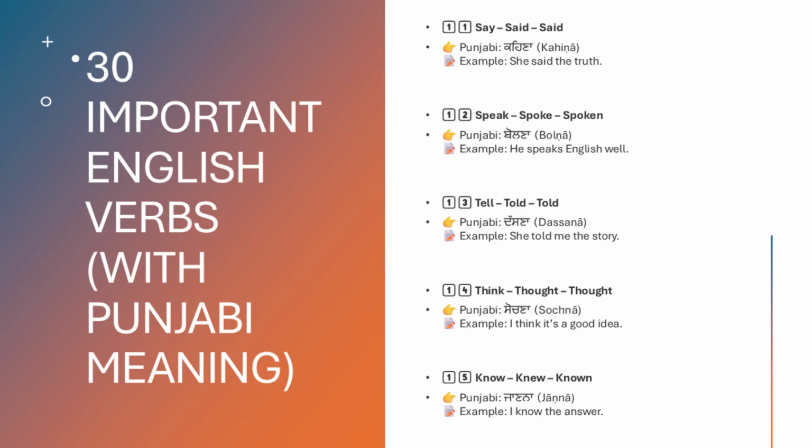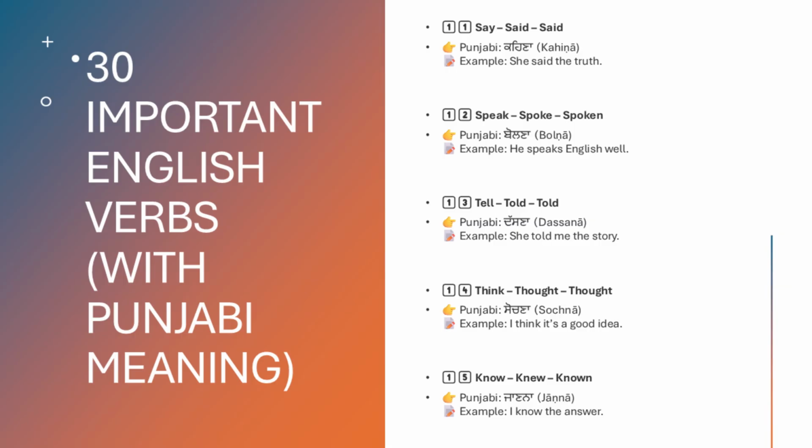And 13th verb is tell, which means dasna. Tell, told, told. Tell is the base form. Told we use for the past form and past participle both. For example, she told me a story.